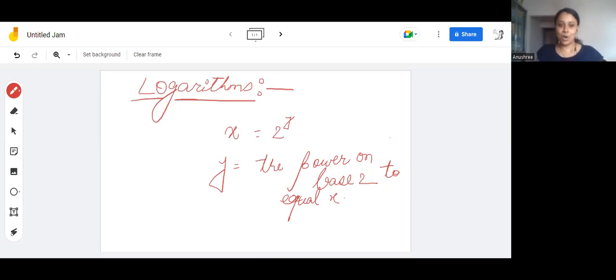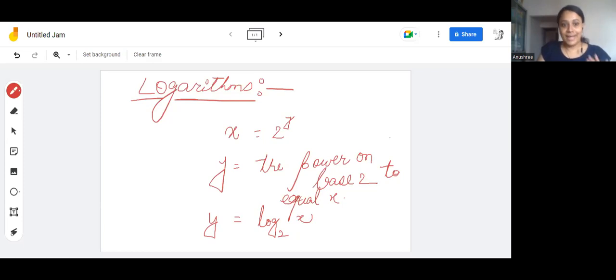So the word logarithm, abbreviated log, is introduced to satisfy this need. This is the statement which I have written over here. Okay, y equals the power on base 2, 2 to the power y equals x. This equation will be written as: y equals log base 2 of x.